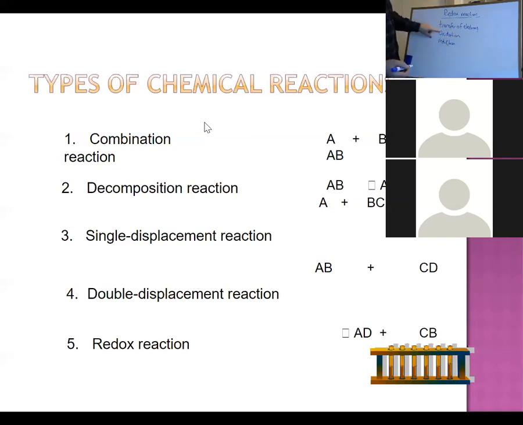So oxidation equals loss of electrons. Reduction equals gain. Or we could write the acronym OIL-RIG. Oxidation is loss, reduction is gain. I'm not going to go any deeper than that. Yes.